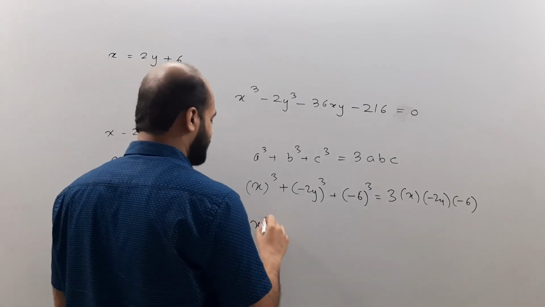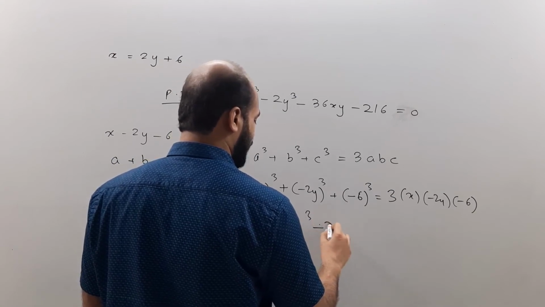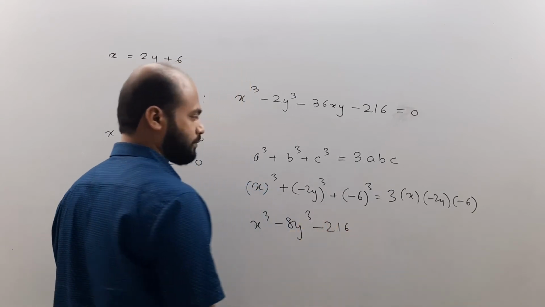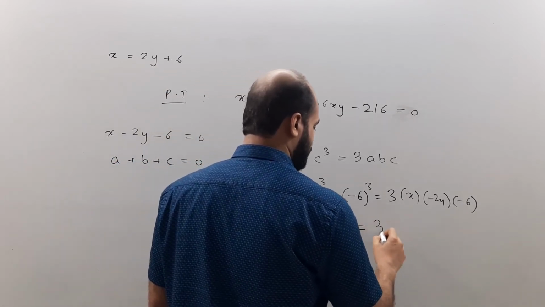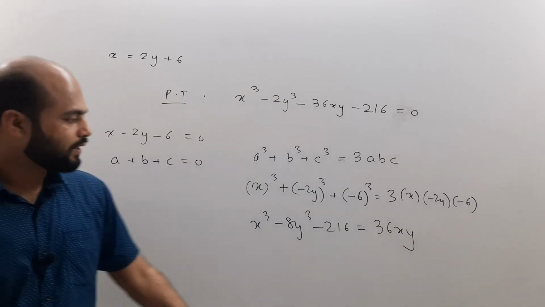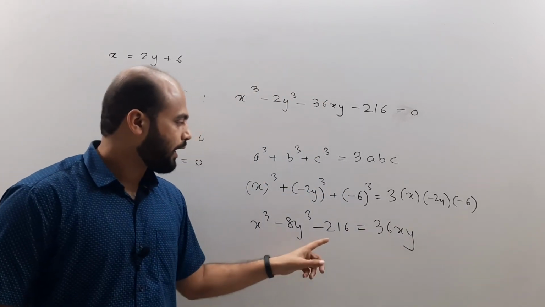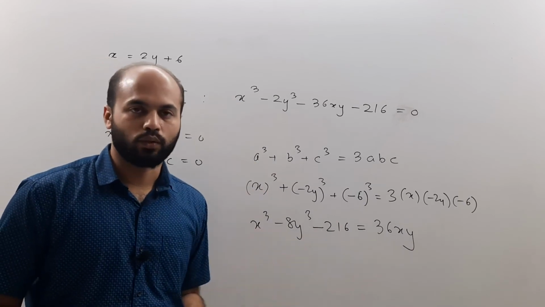So we get x cube minus 8y cube minus 216 should be 36xy. Now you can very well see that if I rearrange this and get it in this form, then I'll get the value of this expression as 0, hence proved.